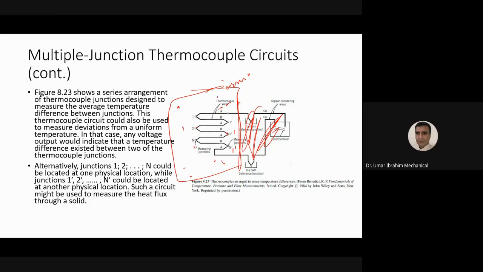If the voltmeter shows some voltage, that means that the uniform temperature assumption is not valid. If the voltmeter shows zero voltage, then that means that my assumption of uniform temperature for the whole surface is valid. Clear है यहाँ तक students?